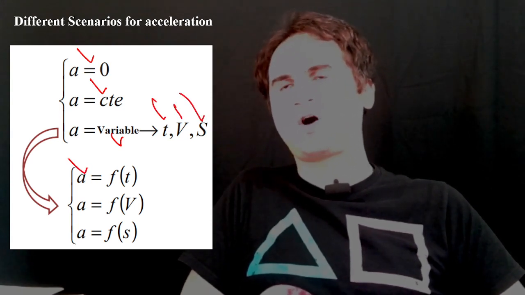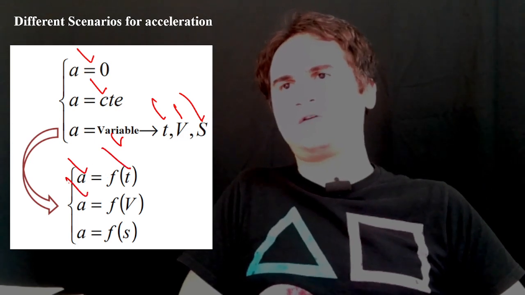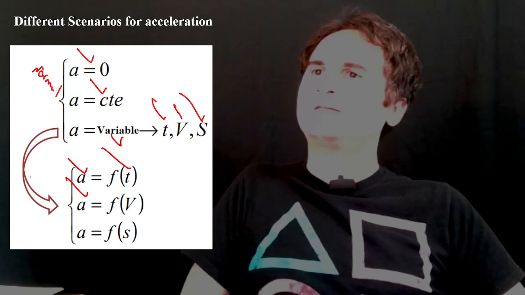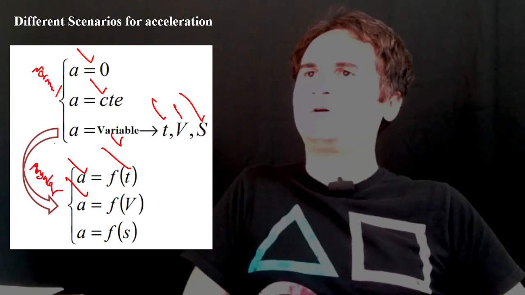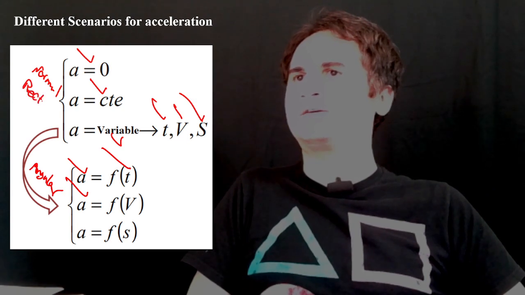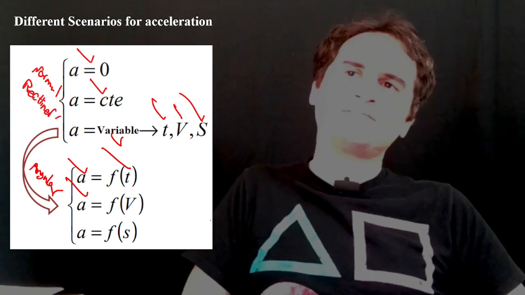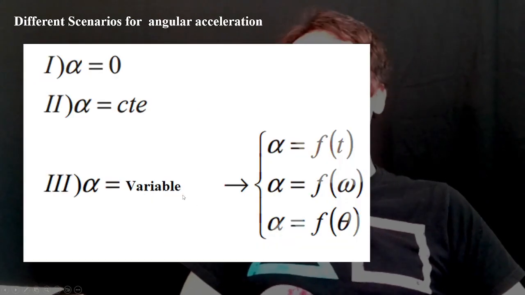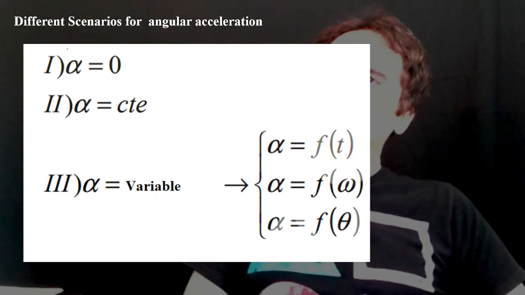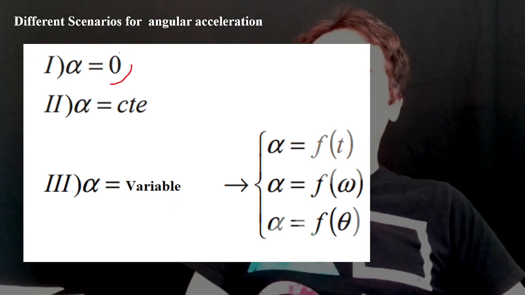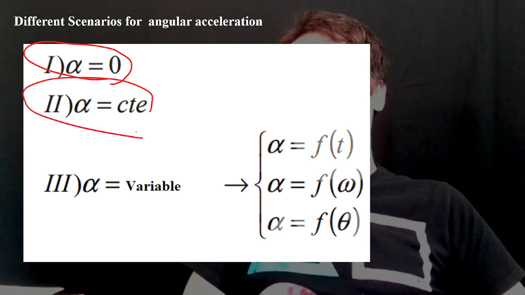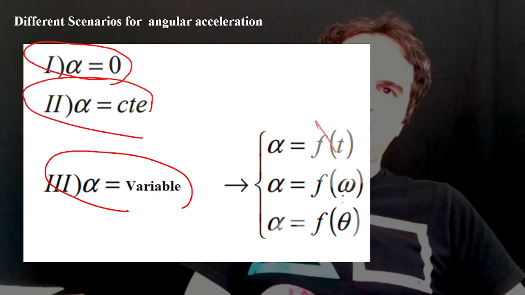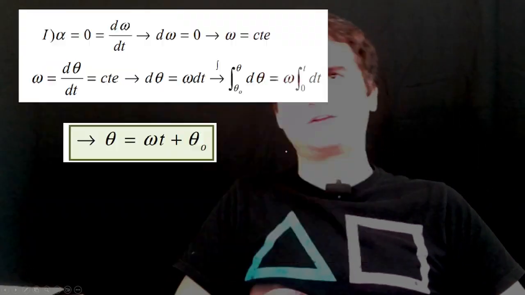We have the same in angular motion: alpha is 0, alpha is constant, or it's a variable of time, velocity, or displacement.